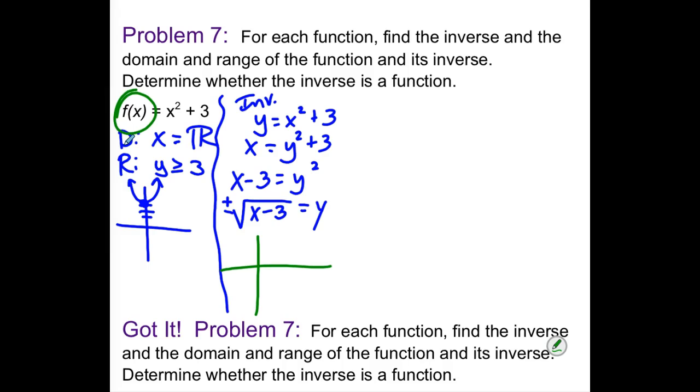But there's a plus and minus in front. So I'm going to go right 3 and have a positive square root graph. But I'm also going to go right 3 and have a reflected graph, right? That negative in front is going to cause me to have this as well. So my inverse is not a function.